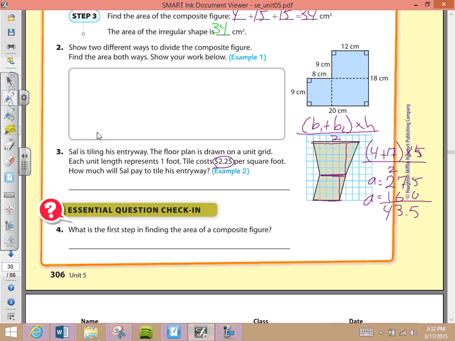That's the total area. Then you multiply that by 2.25. That's a lot of work. But I want you to do that at the end. Go ahead. That's your last part. Do it on your paper. 43.5 times 2.25.